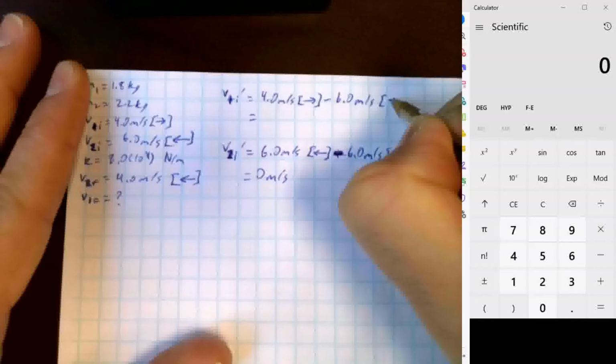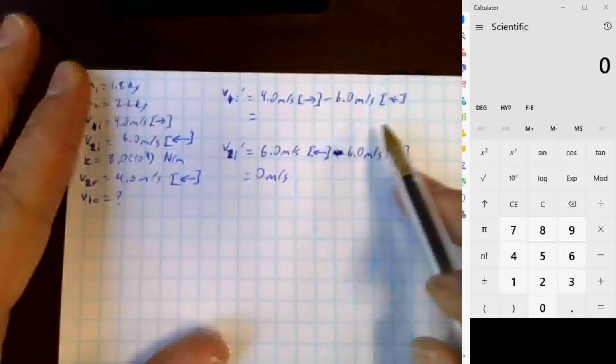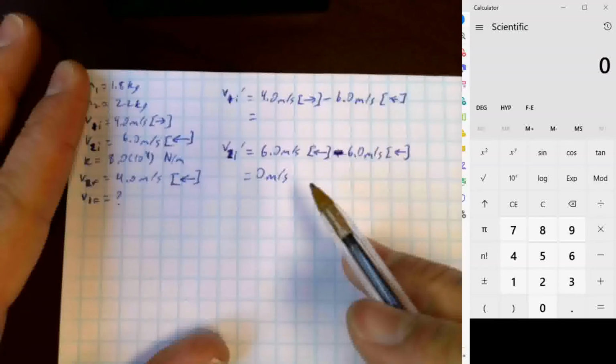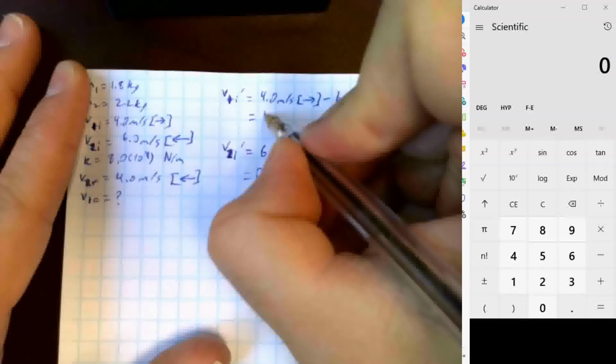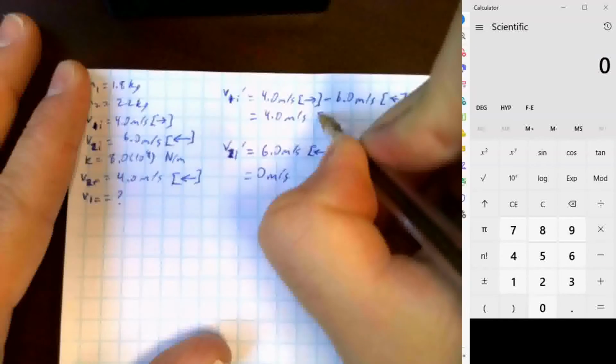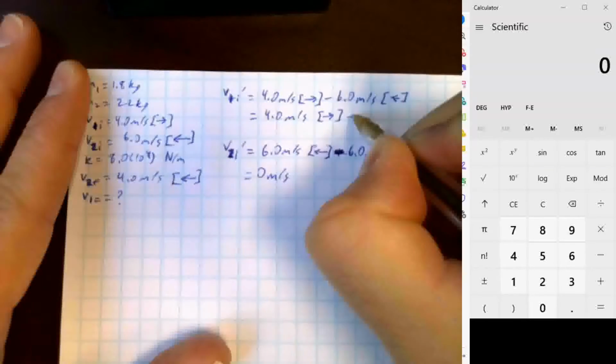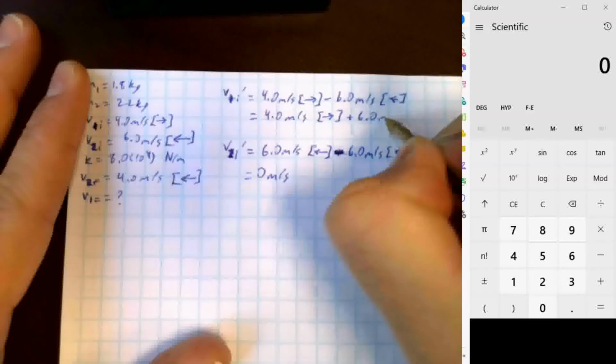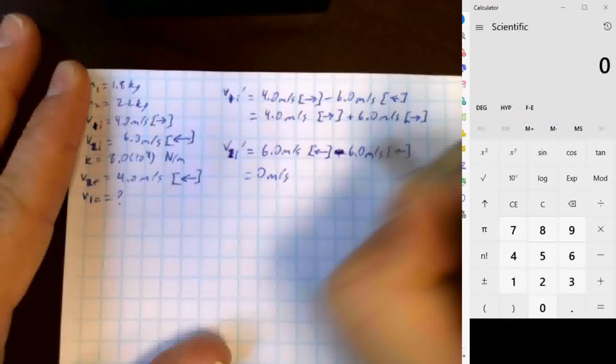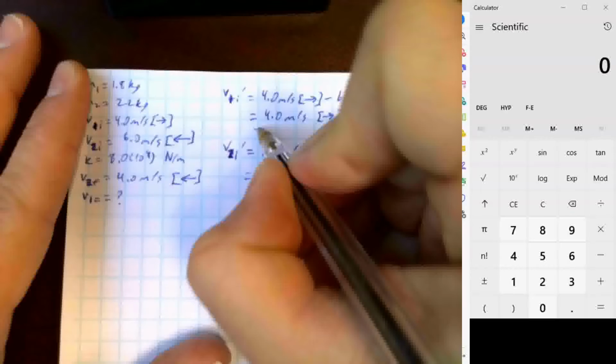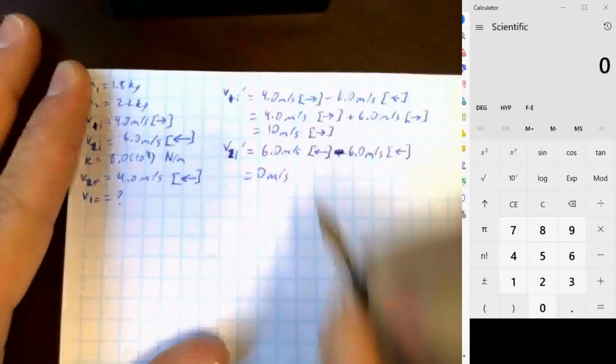So we have to subtract 6.0 meters per second to the left from the initial velocity for object 1. That's the same as adding 6.0 meters per second to the right. So we have 10 meters per second to the right.